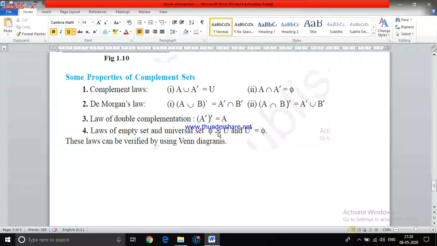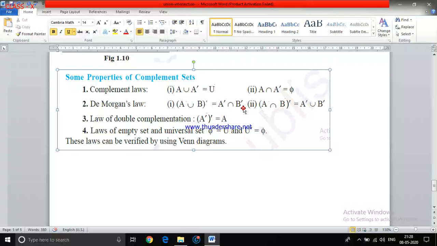A union B complement is the same as A complement intersection B complement. First find A complement, then find B complement, then find the intersection. And the second property, remember, here union is becoming intersection: A intersection B whole complement will be A complement union B complement.